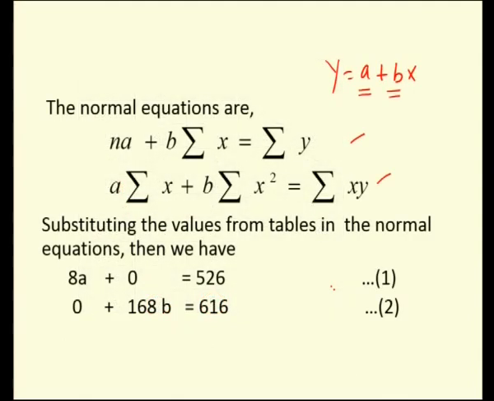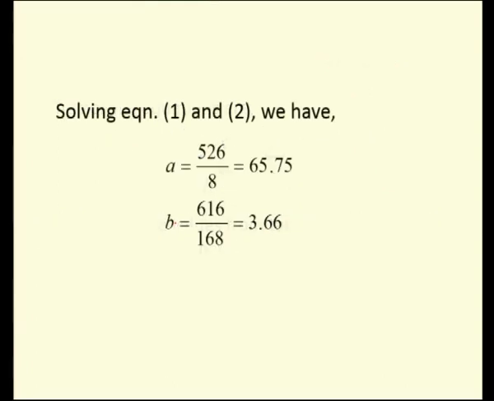On substituting these values, you get 8a plus summation x, which is 0, equal to summation y, which is 526. Then here, since summation x is equal to 0, that term vanishes, and summation x squared is 168, so 168 into b equals 616. Using these two equations, we find the values of a and b.